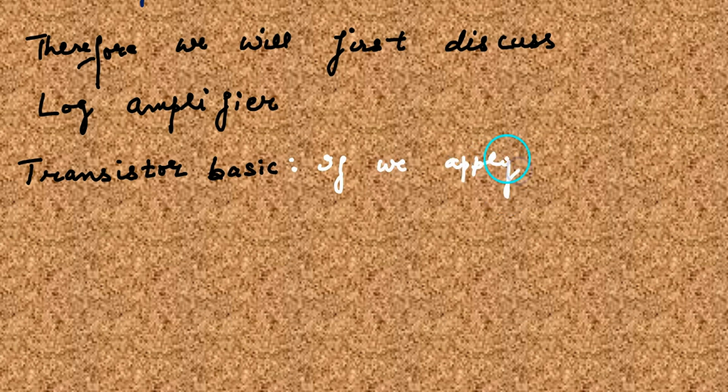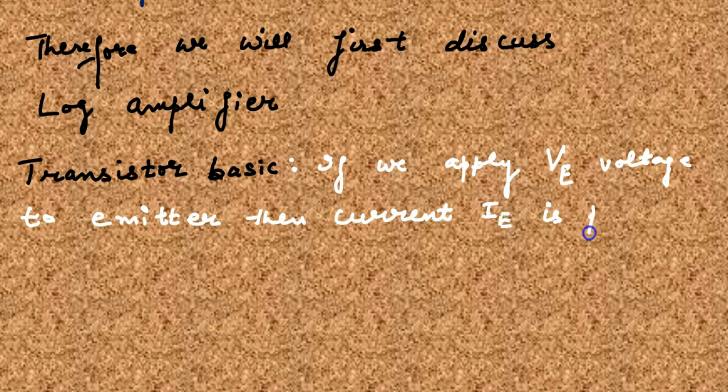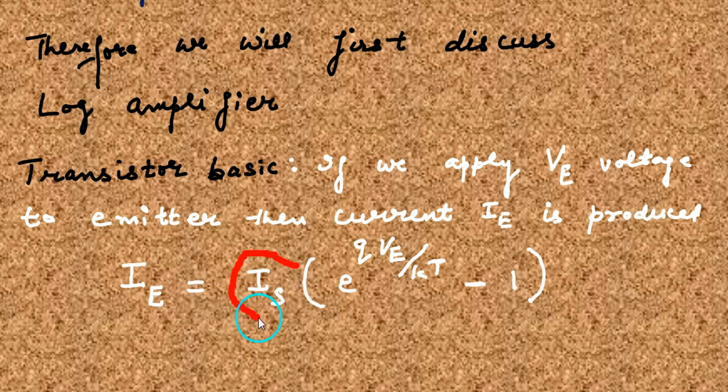We already know the transistor equation for the emitter current. The emitter current of the transistor depends upon the emitter voltage by the equation IE equals IS times (e raised to the power QVE upon KT, minus 1). IS is the reverse saturation current.